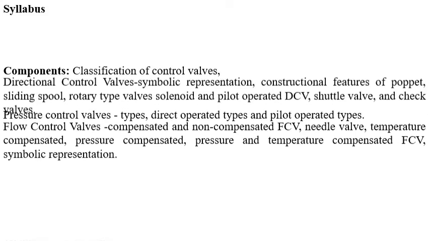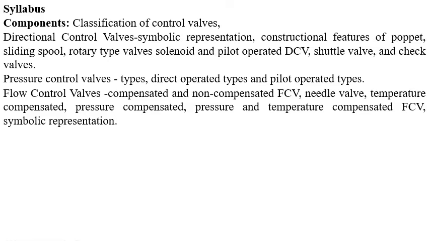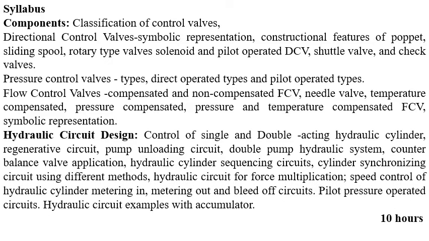Syllabus, this is for Module 3. Here there are mainly two parts. One is control components and the second part is hydraulic circuit design. The first part, control components, covers almost all types of control valves and their classification. Direction control valves, pressure control valves and flow control valves will be covered.